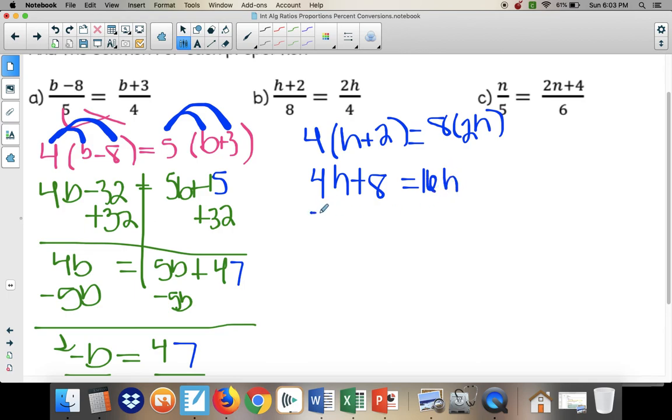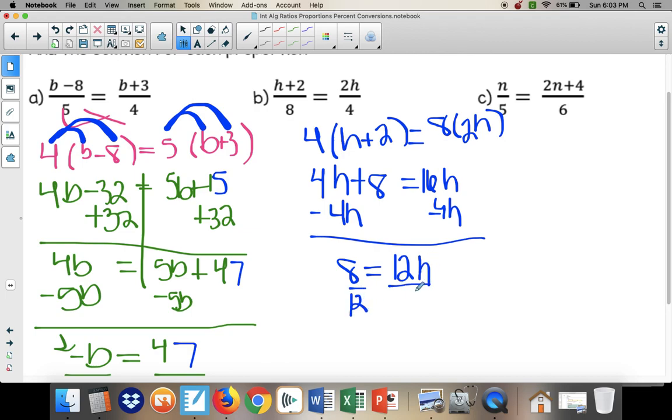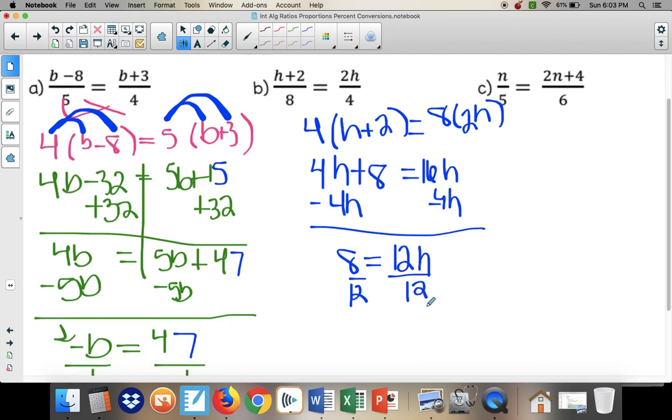If I take away 4h, I get 8 equals 12h. Divide by 12. I get h equals, well, this reduces to 2/3.